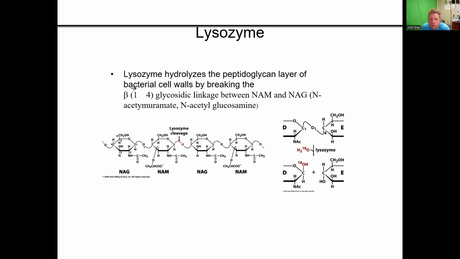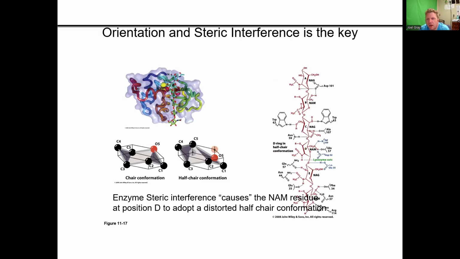That's N-acetylmuramate and N-acetylglucosamine. These are two sugars that make up the peptidoglycan layer of bacterial cell walls. What's cool about this to me is that this enzyme is breaking this bond and it's using water to do it, but there's a lot more to it.